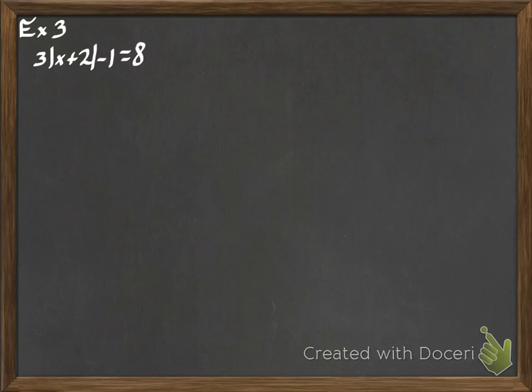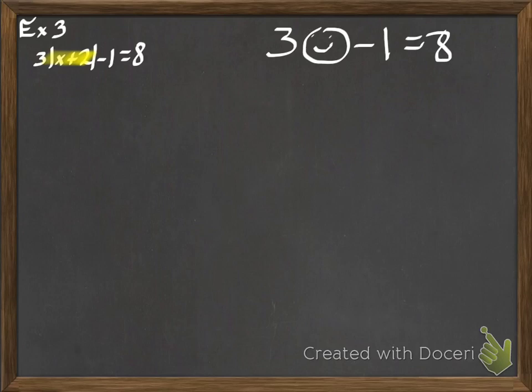But we could make it a little bit more complicated. And this looks scary, but what if I said that's all the absolute value, I'm just going to represent that with a smiley face in that spot. 3 smiley faces minus 1 is equal to 8. You could solve this just like you've been solving any other one.